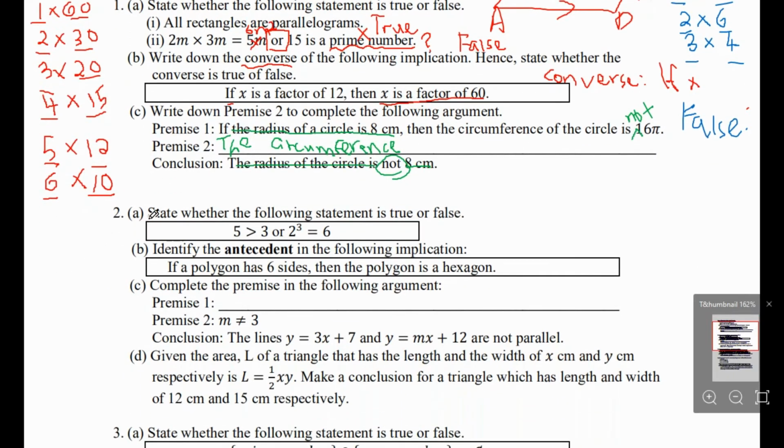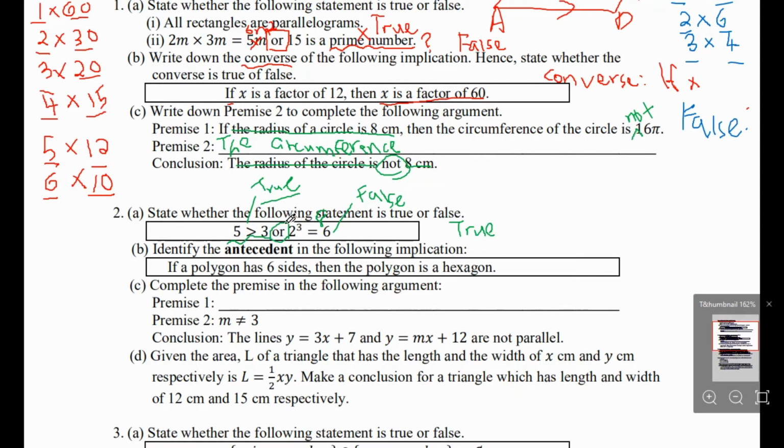Number 2, state whether the following statement is true or false. Okay, 5 greater than 3. This is true. 5 is bigger than 3, this is correct. 2 cube equals to 6. This is false. Okay, 2 cube equals to 8, not 6. So true or false. So this statement is true.